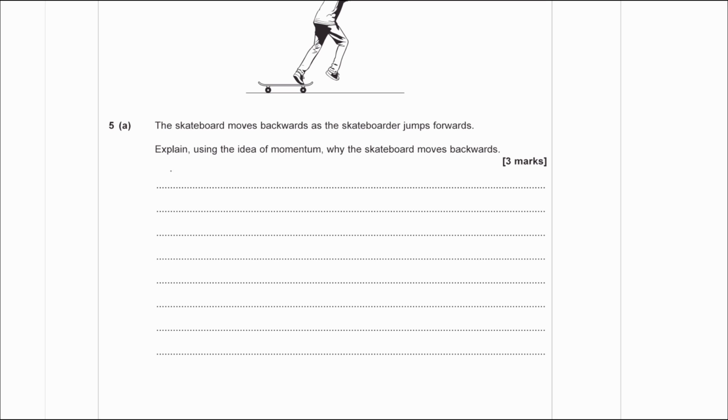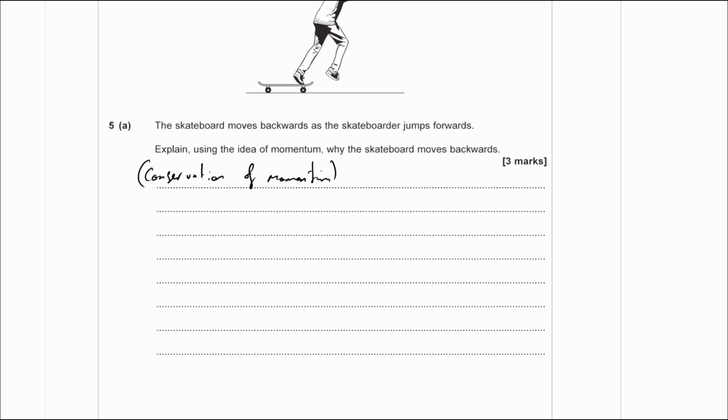Now, the first thing that we need to realize is that we're going to use, I'm going to put this in brackets actually. Okay, we're going to use the idea of the conservation of momentum. And what that states is that the total momentum before and after an event is going to be the same, so it's going to be equal. Now, if everything is stationary before the jump, then that means that the total momentum is 0, right?